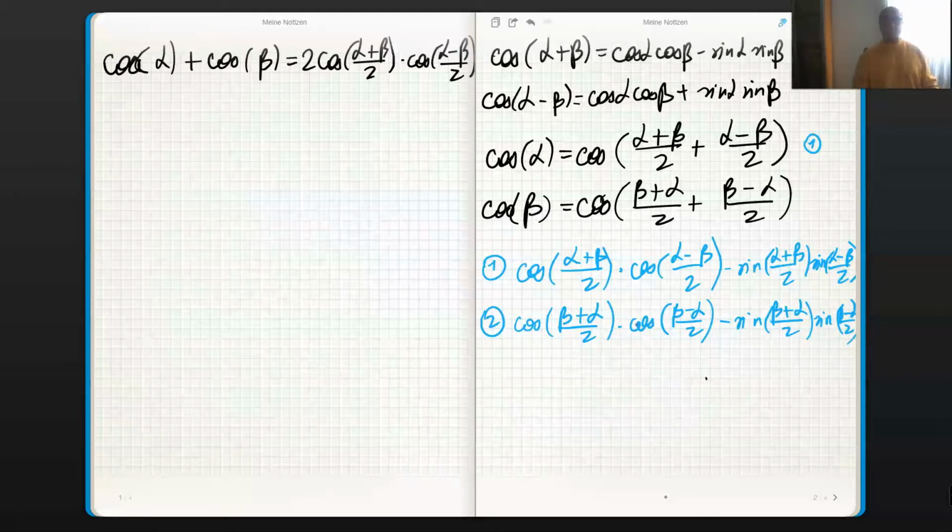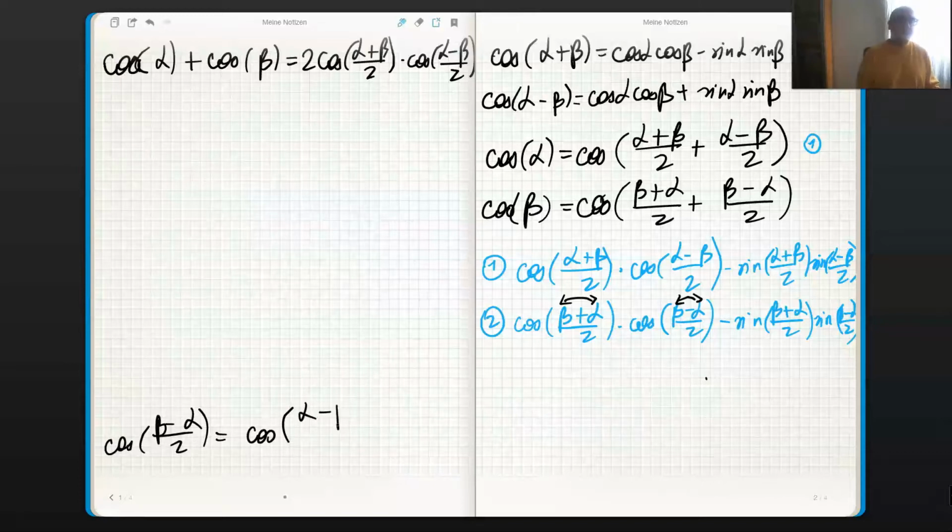If I add them together, I can rearrange alpha and beta for plus, it doesn't matter. It does matter for minus, so cosine of beta minus alpha divided by 2 is the same as the cosine of alpha minus beta divided by 2, but with minus in front. But the cosine, as you remember, is a symmetric function considering the y-axis, so the minus is gone. That means we basically have cosine of alpha minus beta divided by 2.